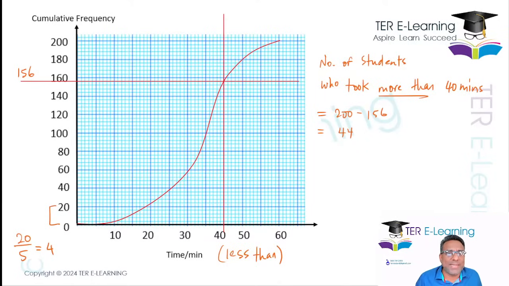So that's the answer for that part. It's an estimate, so you're going to have to look at it carefully, and from there you can make an estimate. Because I saw some people got 42. It could be 42 depending on how you read it off.